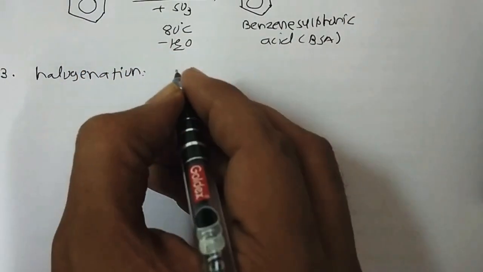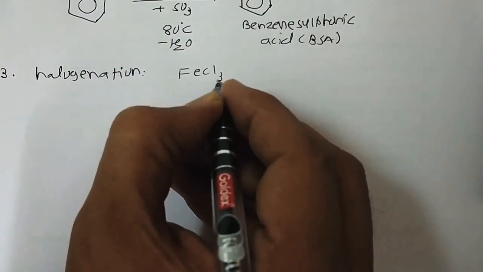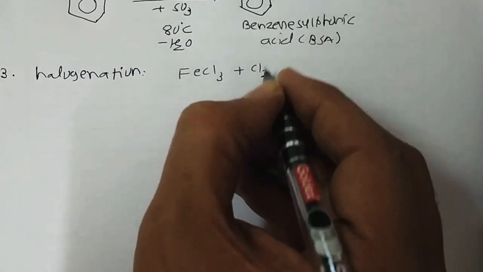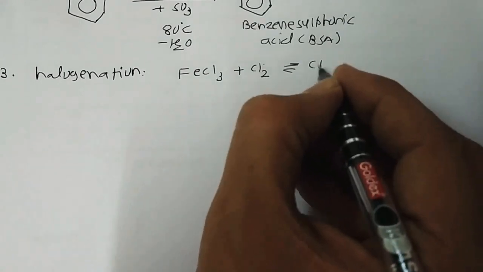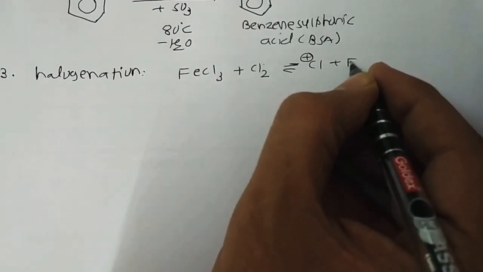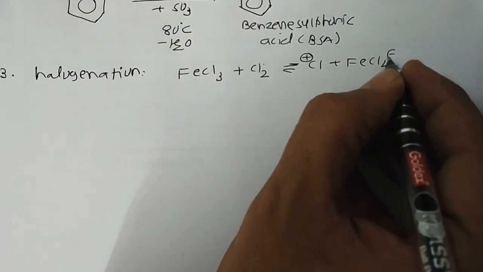In these reactions, we first take FeCl3 as a Lewis acid and Cl2 as our reagent. This FeCl3 and Cl2 give Cl plus and FeCl4 minus, right?